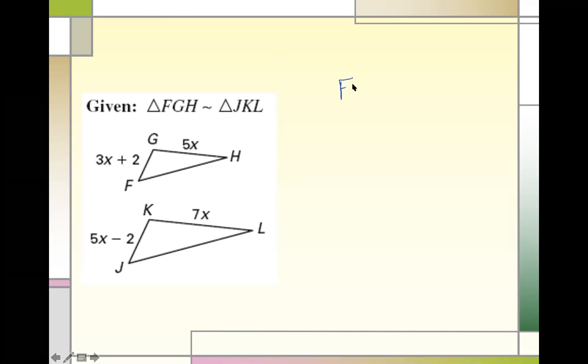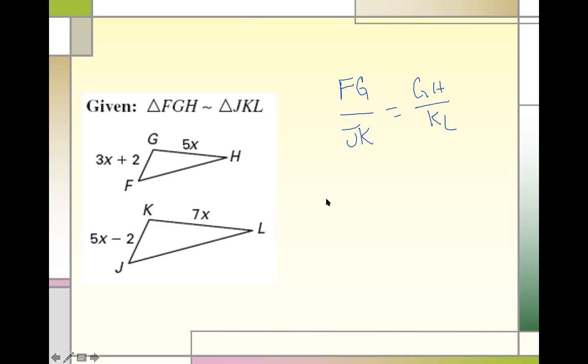It tells me that my proportion should be set up so that FG over JK is equal to GH over KL. So I need to put my values in for the proportion that I set up. If you set it up differently, it's okay, as long as you're consistent and you follow what your setup is.